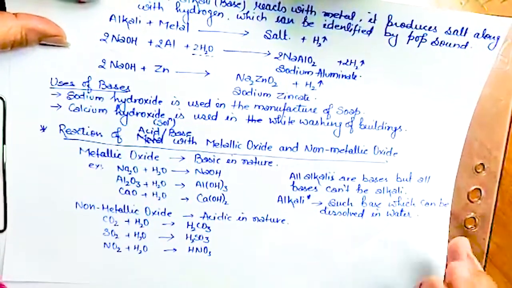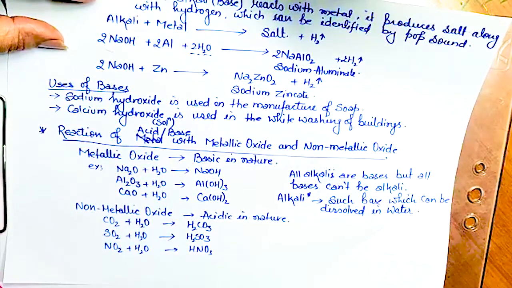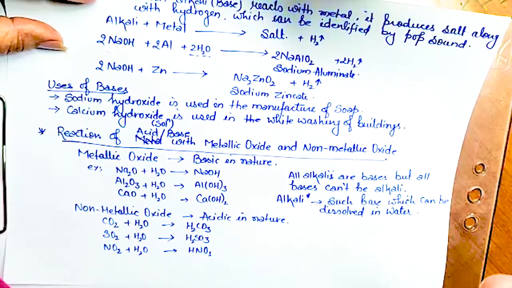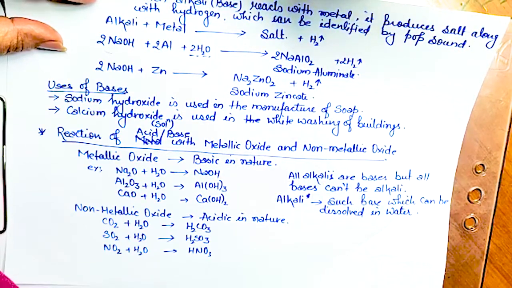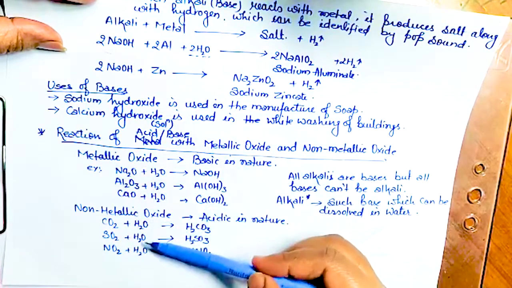In the previous class I explained that acid will always react with bases. That means acid cannot react with acid, base cannot react with base. So if acid is reacting with someone else, it must be basic in nature. So acid will react with, out of these, which one?